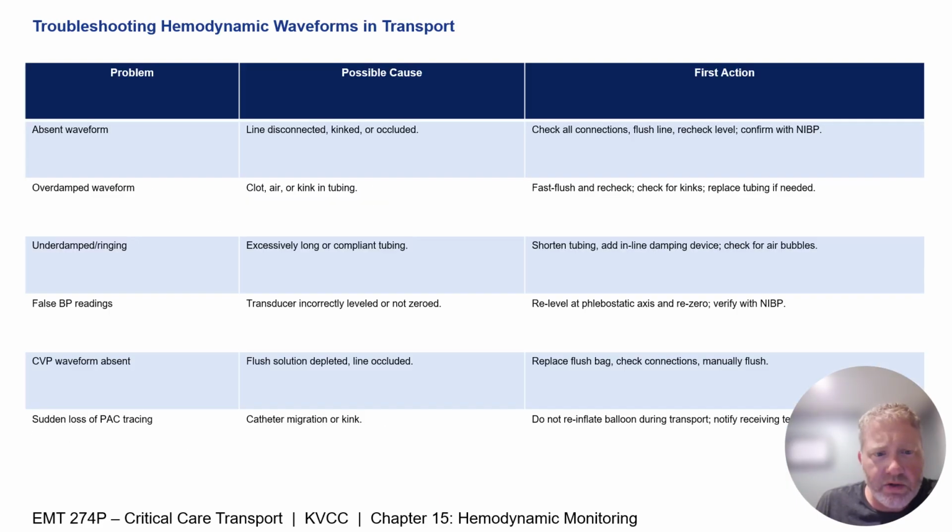A quick look at troubleshooting waveforms in patients with hemodynamic lines. Waveform troubleshooting should begin with the assumption that abnormal data can be technical rather than physiologic. It's not always the patient. If you've got a loss of waveform, damping, ringing, or unexpected pressure changes, those may result from a disconnected line, a clot, tubing compliance, an air bubble, poor leveling of the transducer, or even a migration of the catheter.